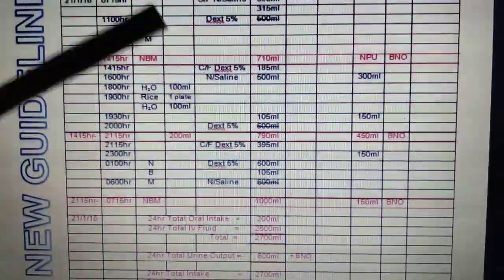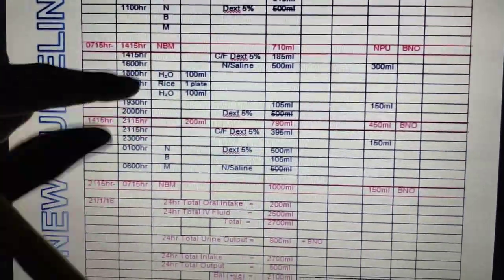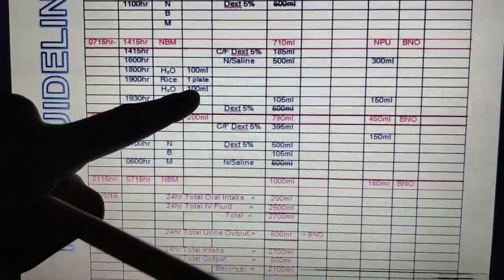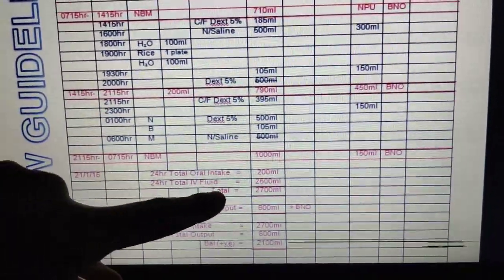Once again, how? Don't be confused, please. Oral intake is how much? You see here, any oral here? Only here. 100 plus 100, 200 ml. Written here, 200 ml. 24 hours total IV fluid, parenteral.